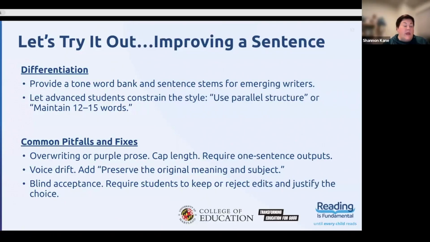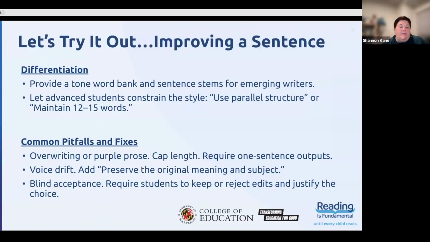The goal here is to help our students see that word choice and the syntax of a sentence really can shape the tone and the message that our readers get as they read our writing, right? So imagine the dog ran across the yard. We can all get that, right? We can all see this dog running across the yard.